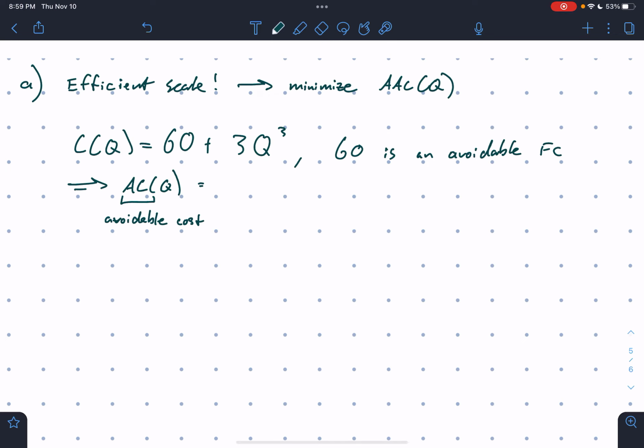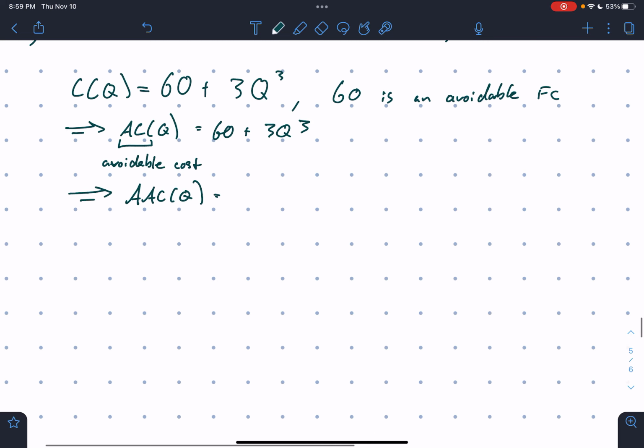Okay, so the avoidable cost is just 60 plus 3q cubed. So the average avoidable cost is going to be avoidable cost divided by q. So this is 60 over q plus 3q squared. All right? I just divided the avoidable cost by q.